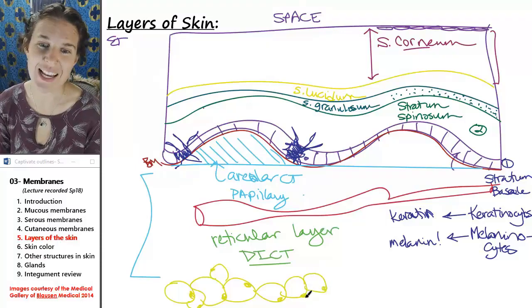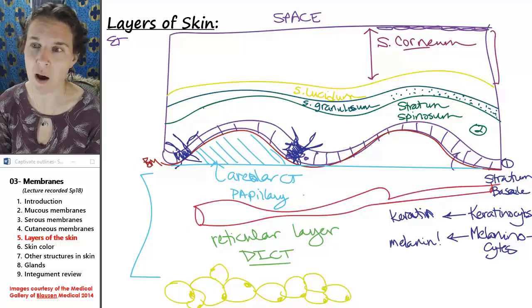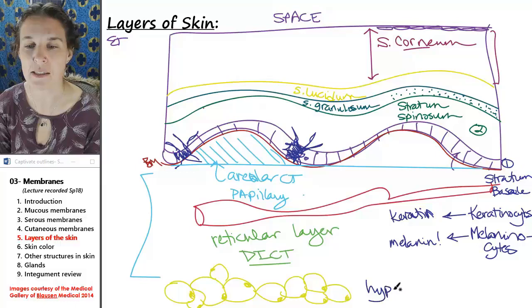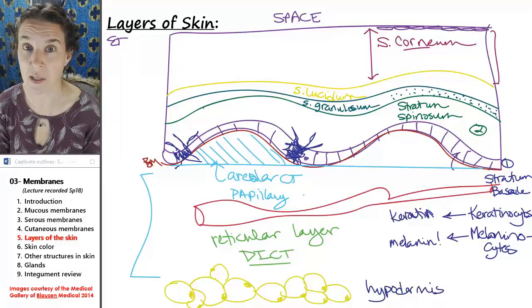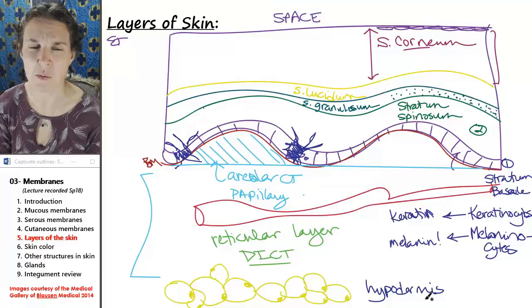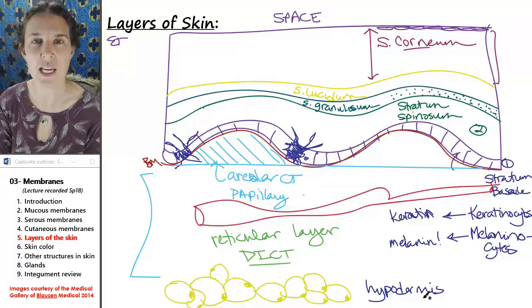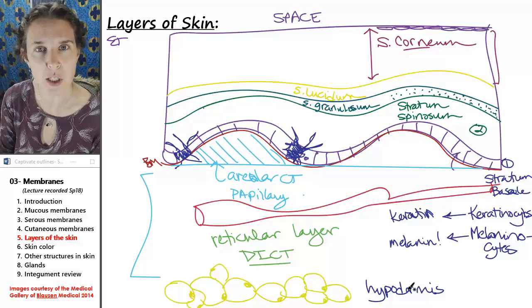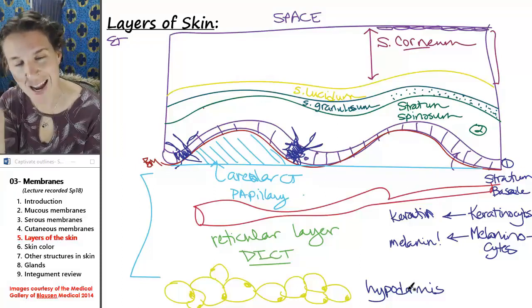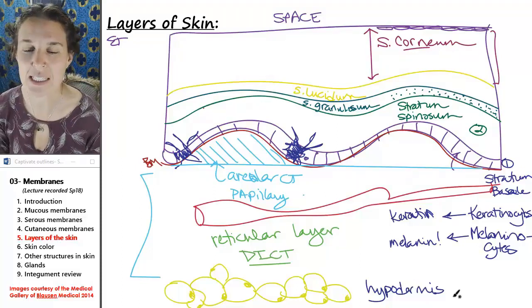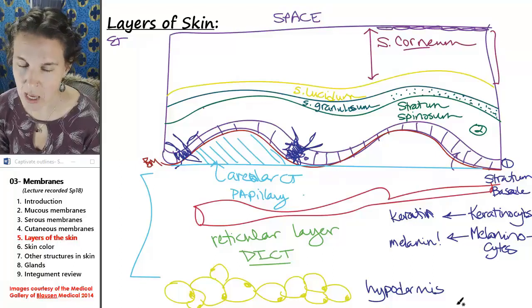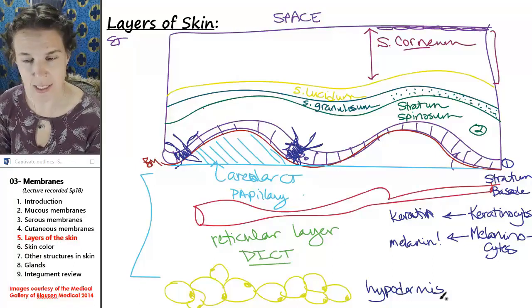But as soon as I see this tissue, I know that I am now in the layer called the hypodermis. It has another name. Of course it does, because tons of structures have multiple names. What is it? Oh, the subcutaneous layer. Sub, below, cutaneous, skin. The hypodermis is not actually considered a layer of skin, but it is associated with skin, so I'm going to throw it in here.